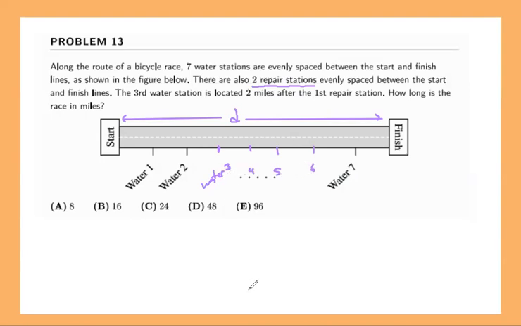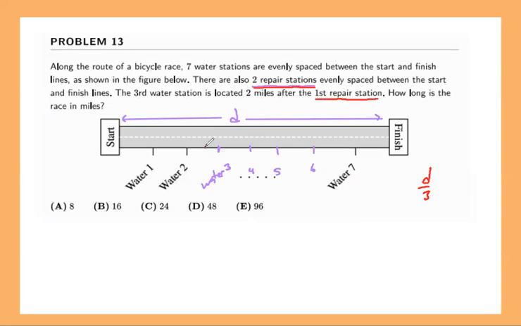But there are also two repair stations evenly spaced between the start and the finish line. If you divide this whole thing into 3 equal pieces, then each one of these will be D over 3 units long. We are also told that the third water station is located 2 miles after the first repair station.